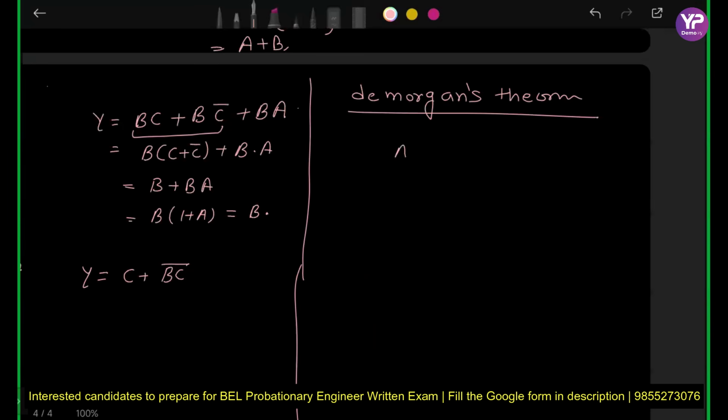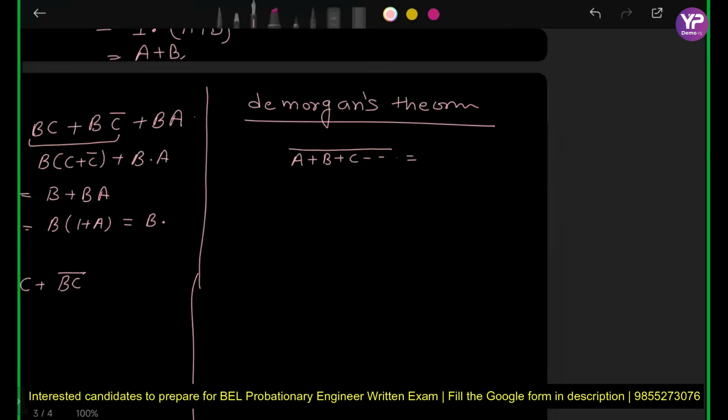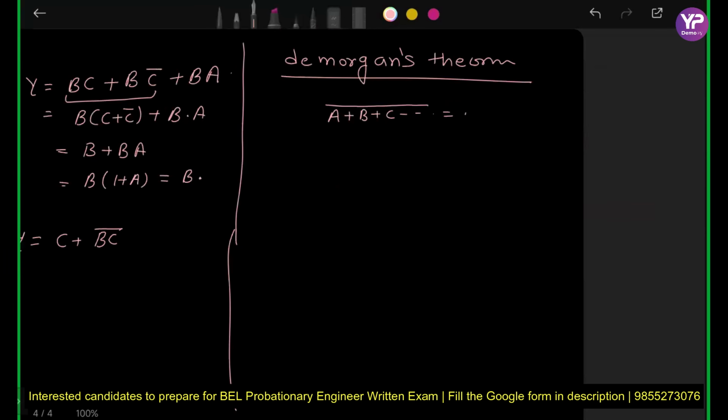If you are having A or B or C like that, and you are taking the complete bar of that, it will be equivalent to, always remember, the AND will be converted into OR and OR will be converted into AND, and individual will take the bar.